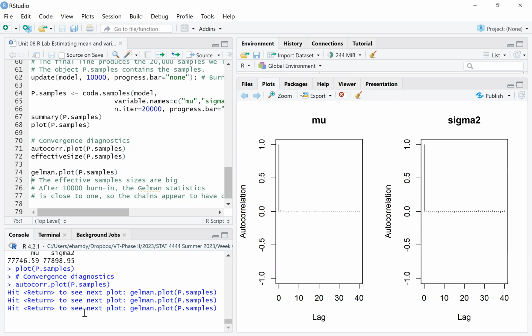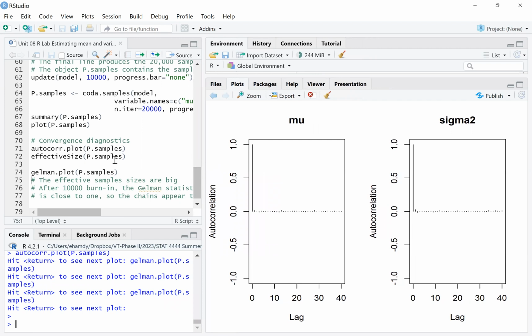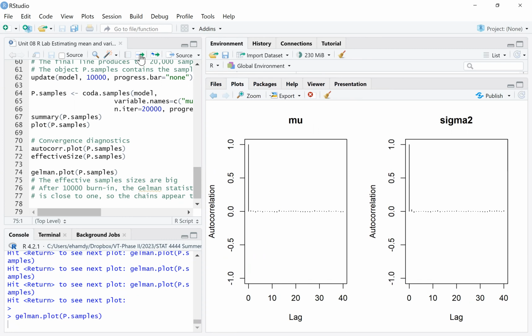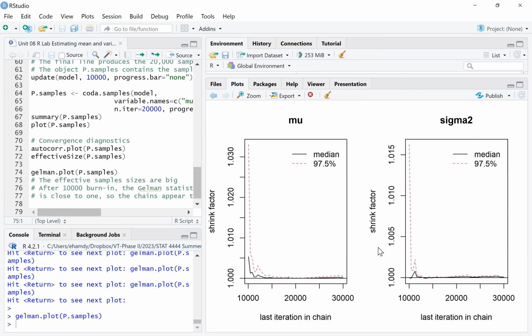Looks like my computer is very slow today. I don't know why, but let's wait. Where is the Gelman-Rubin plot? Let's hit it again. Oh, this is the Gelman-Rubin plot.